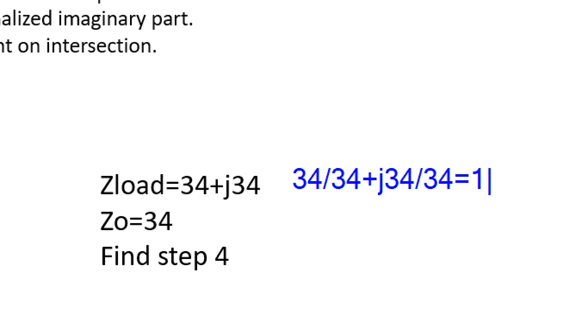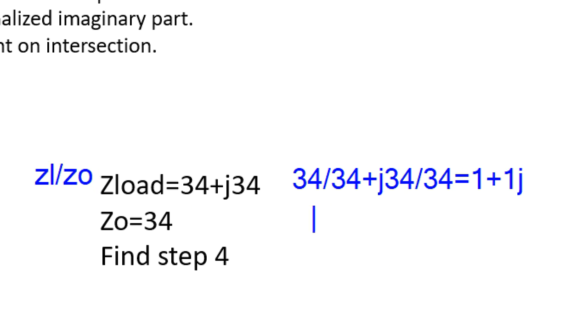What will be the answer? 1 plus 1j. This is nothing but our normalization formula, ZL divided by Z naught, and using it I got 1 plus 1j.